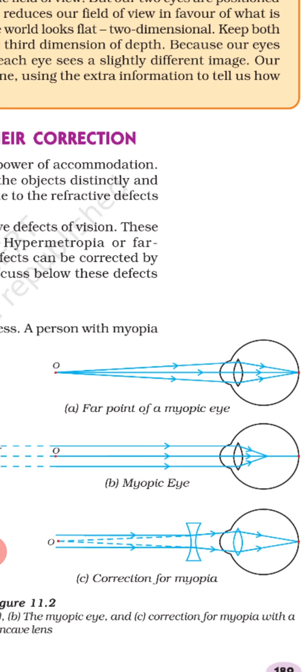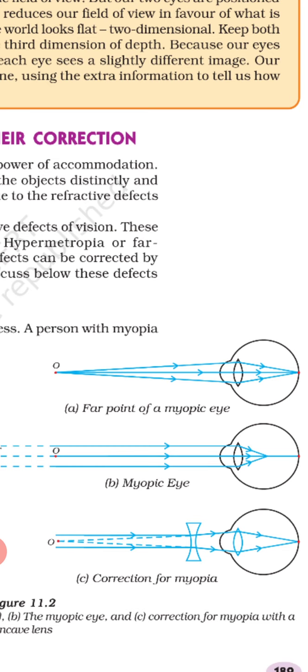So the concave lens used here decrease the converging power of the lens and help in forming the image of the distance object on the retina of the myopic eyes. Okay, clear? So this is all about the myopia and how we can correct this myopia defect. ठीक है. कैसे करेक्ट कर सकते हैं, बाय यूजिंग द कनकेव लेंस, क्योंकि कनकेव लेंस क्या करेगा, हमारी जो नॉर्मल इमेज है उसी को रेटिना के ऊपर जाके फॉर्म करेगा.